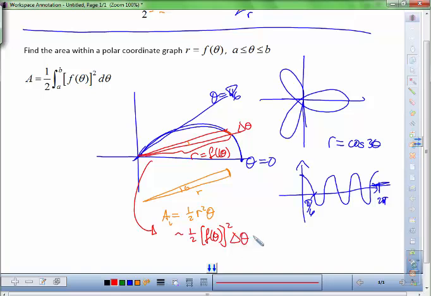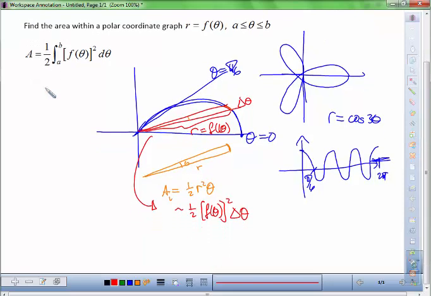So this is how your area gets added up and eventually becomes an integral if we go from whatever to whatever. Okay? That's by no means a formal proof of this formula, but essentially that's what happens. You have a sector, and then we look at the sector in the context of a polar coordinate function that's being drawn out.